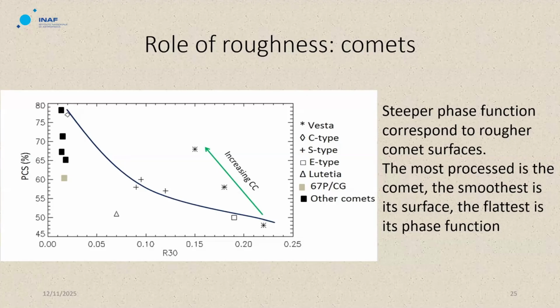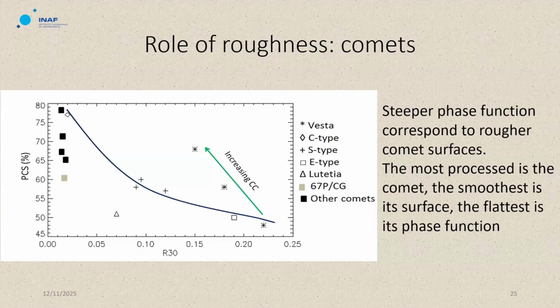Comets have very different roughness because each perihelion passage smoothens the surface because of the activity, because of the ice sublimation, and this ice sublimation makes the surface smoother. A comet that had more perihelion passages is smoother than a comet that had fewer perihelion passages. So a more primitive comet with few perihelion passages is more similar to asteroids.